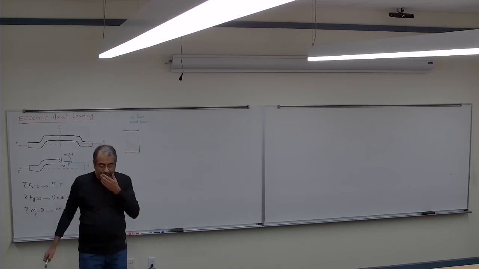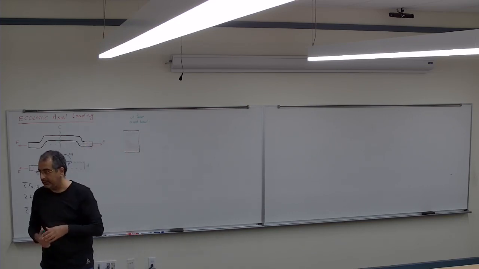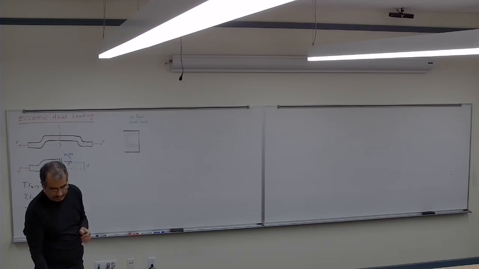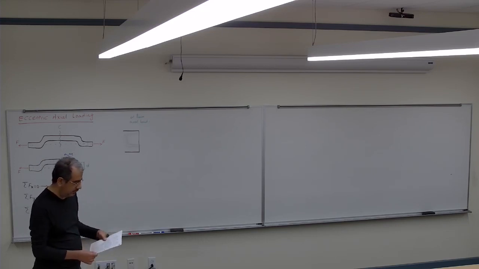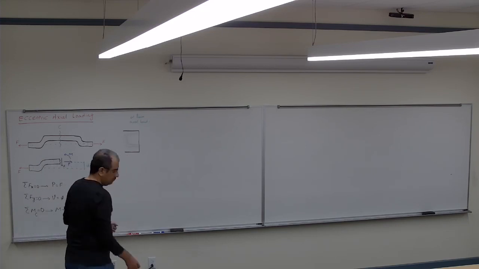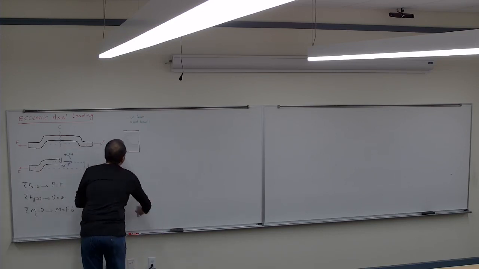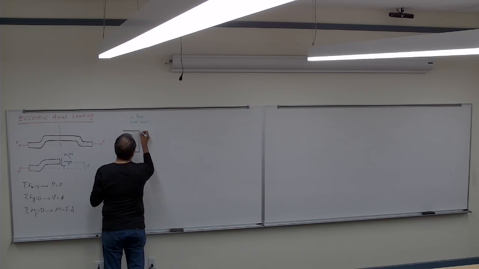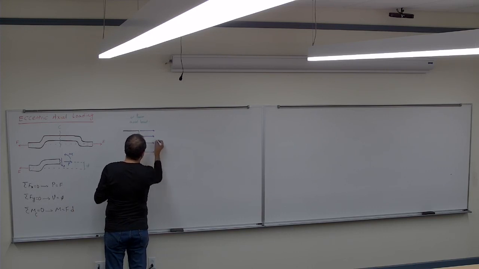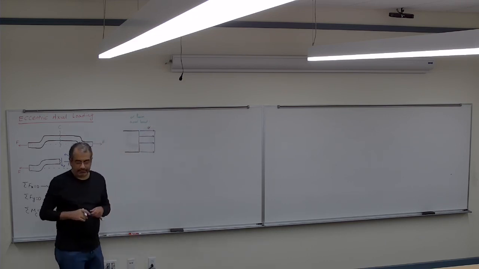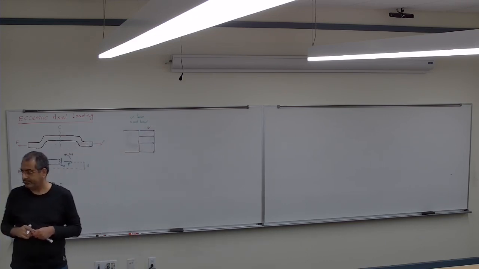The sigma from axial load is going to be completely tension, correct? So it's going to pull it here, something like that. So it's going to be sigma from the axial load.